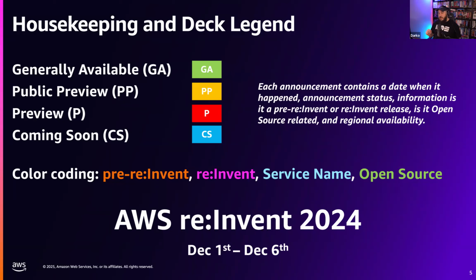If you see this at the top right hand corner of the slide deck, that's the current state of the service. Each slide will have a QR code, so if you want to whip out your phone and look at the link of the blog post, you can absolutely do that. I will probably be dropping some of the links in the chat when it's time, but not all of them. You will see a lot of the QR codes there as well.